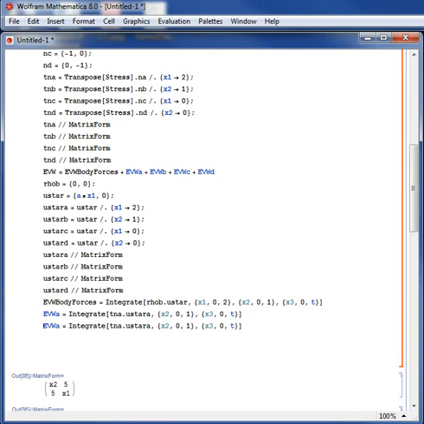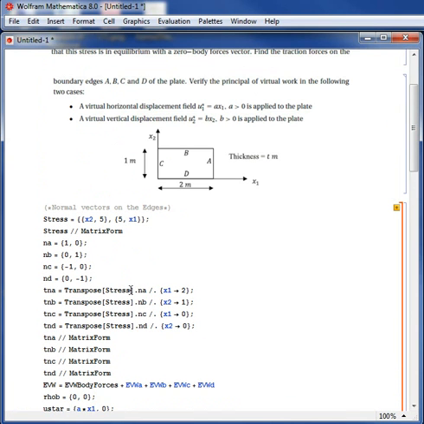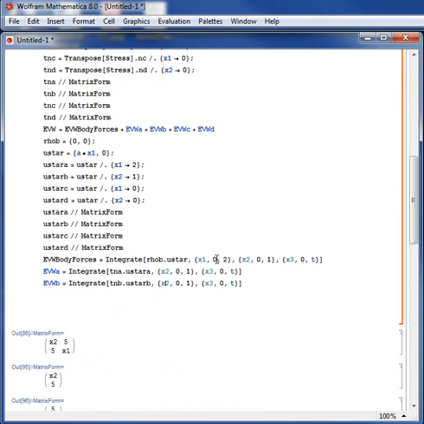The external virtual work on edge B is T_B dot u star B. For B, I have x1 changes from 0 to 2, and x3 changes from 0 to t.